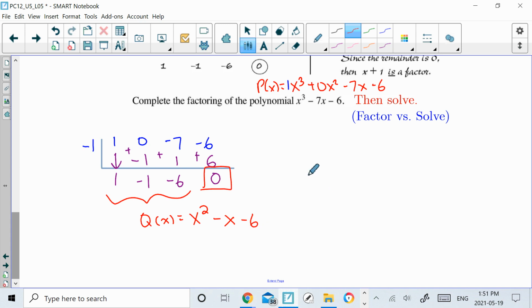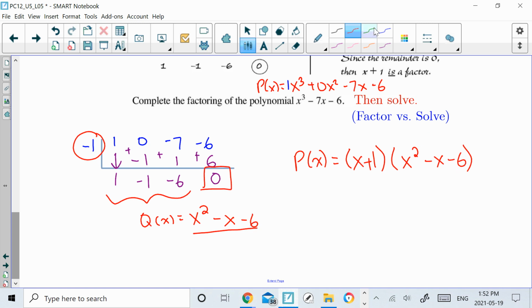Now I could write my polynomial function as follows. P of x is equal to, it's always dq plus r: your divisor times the quotient plus the remainder. So the divisor, in order to get a -1, would be x plus 1. The quotient would be this one. From here, as soon as you get to a quadratic, you're able to factor this how you would have factored in Math 20-1.